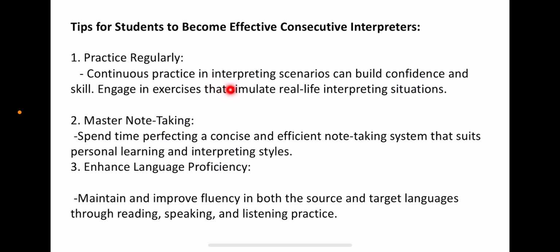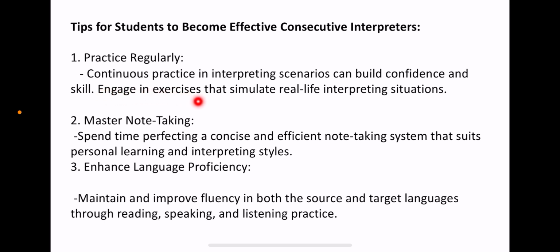Continuous practice in interpreting scenarios can build confidence and skill. Confidence is very important. You should have confidence in yourself, in your ability to deliver the meaning and the ideas effectively.